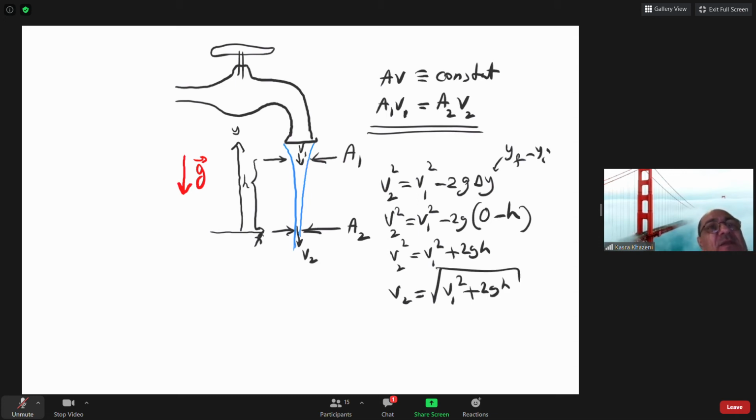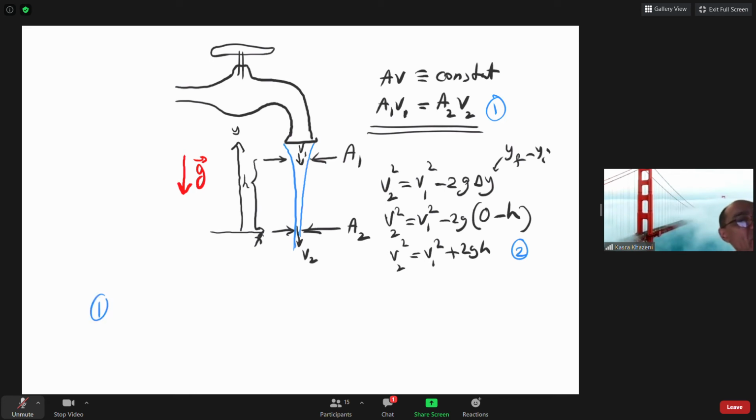All right, but then let me erase this because we can solve for v2 from the first equation. All right, so let me label these equations 2 and 1.